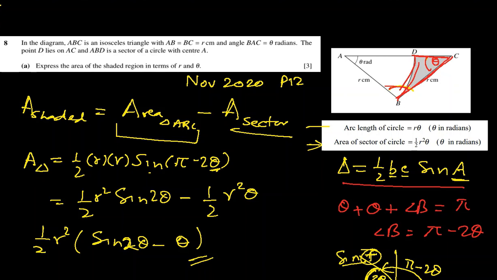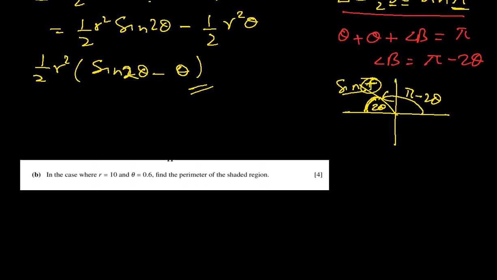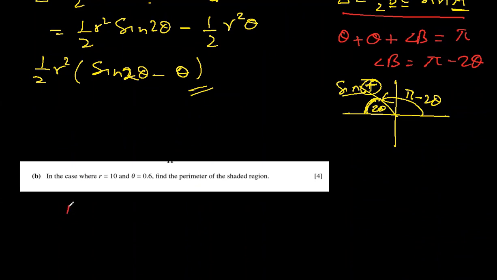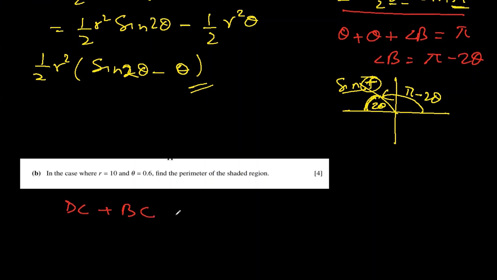All right. So the perimeter will be line segment DC, line segment BC, and arc DB. So it will be DC plus BC plus arc DB. That will be the perimeter.